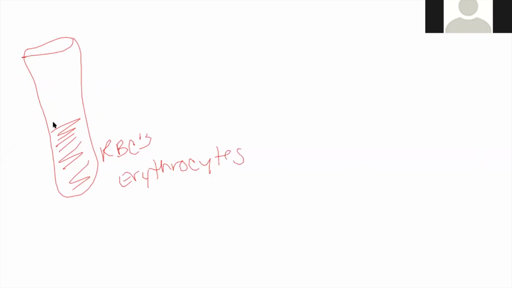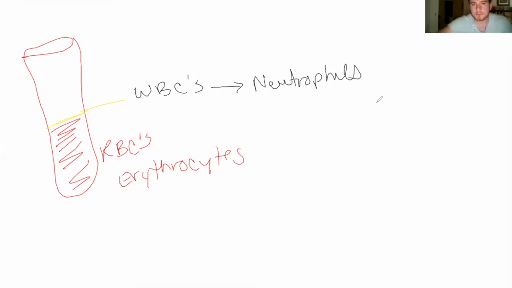And we have our white blood cells here, and the white blood cells we now know to be neutrophils, basophils, right? So we're going to lay this out in a way that's going to help you to remember this.